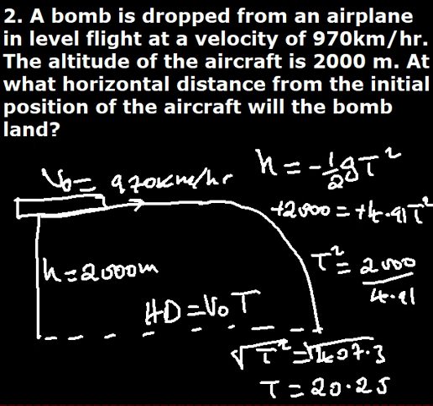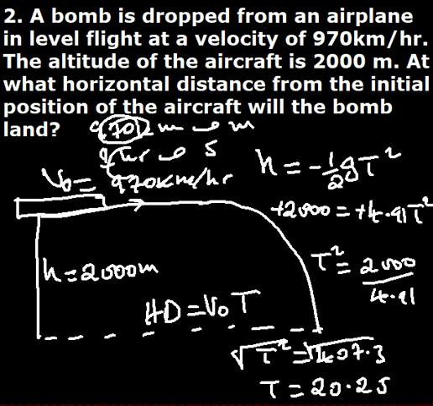So that is the total time, which you substitute here, and the launch velocity is the same as before, so we can get the horizontal distance. But this has to be given in meters per second as well. So you have to convert 970 kilometers to meters and 1 hour to seconds.